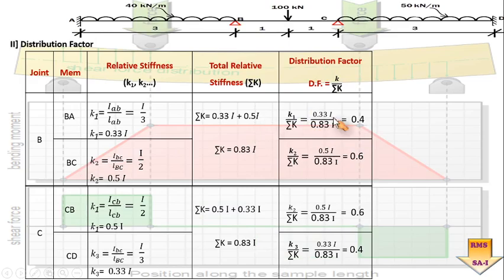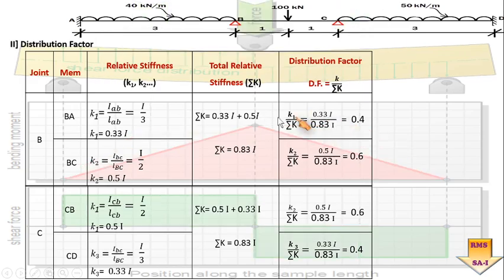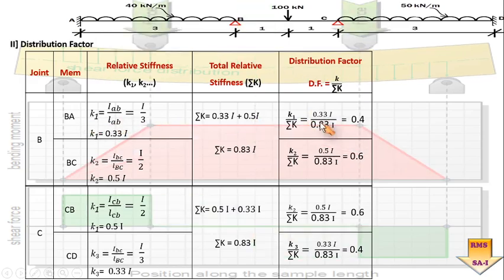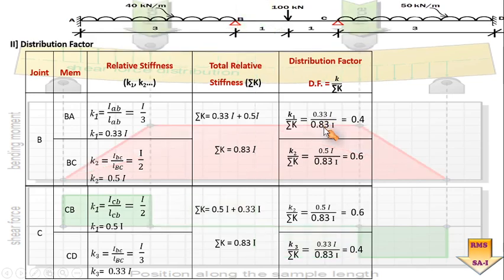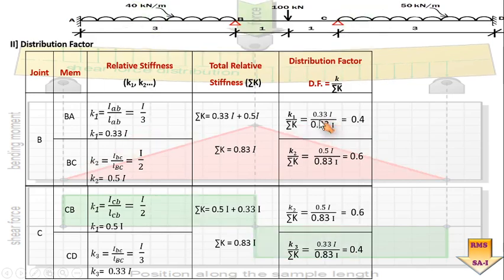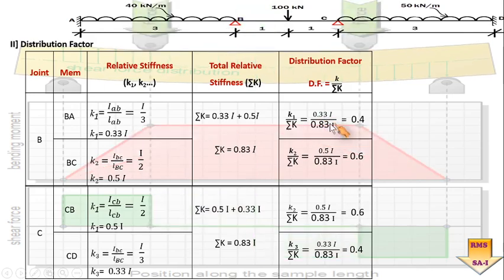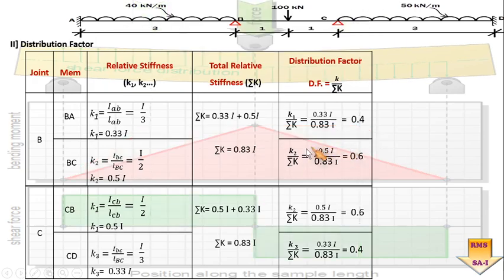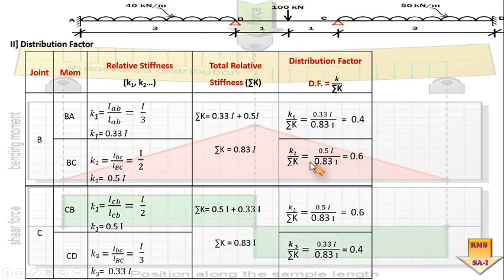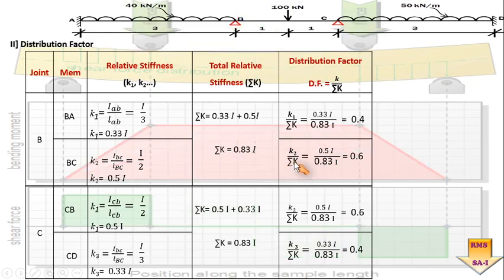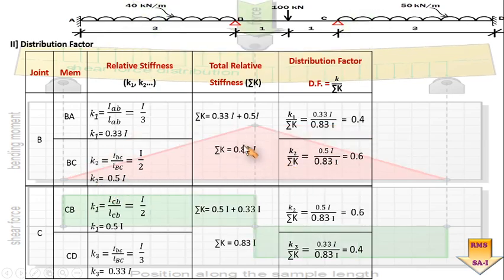So distribution factor for BA is equal to the relative stiffness of BA divided by the total stiffness about that particular joint. Is it okay? So 0.33 divided by 0.83. Similarly for the second case, BC member, K2 divided by the algebraic summation of K, so K2 divided by 0.83.